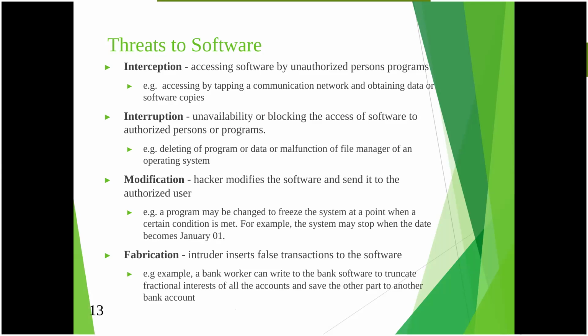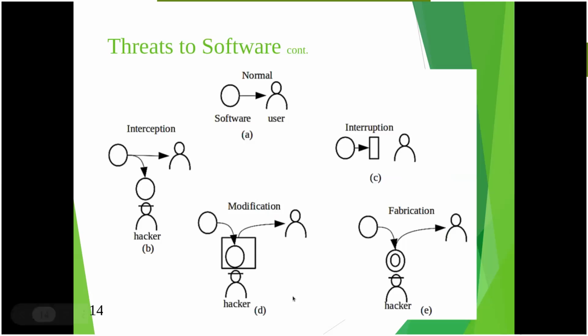The user can see the software working correctly, but something unwanted happens within the software. This is fabrication. The user can see the software clearly, but hidden inside the software the hacker does something, and the user cannot see any difference.